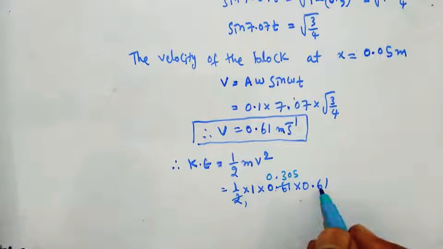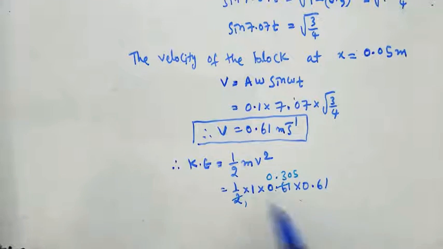So 6 threes are 18, so nearly it is 0.19 joules. So the kinetic energy is 0.19 joules.